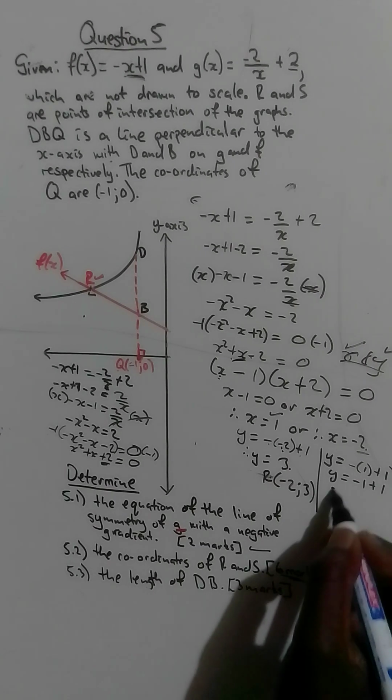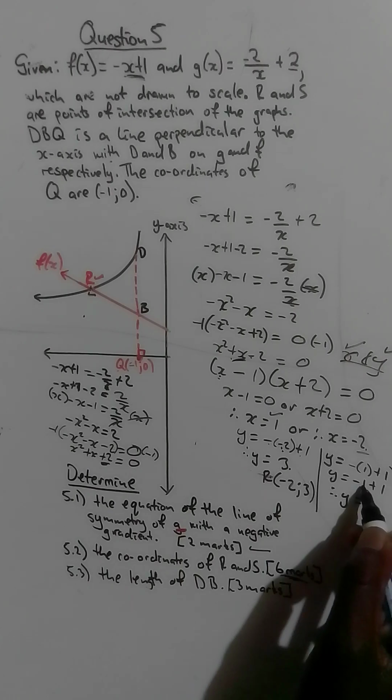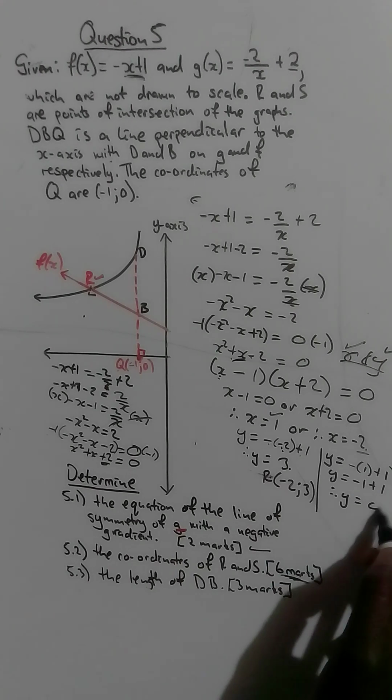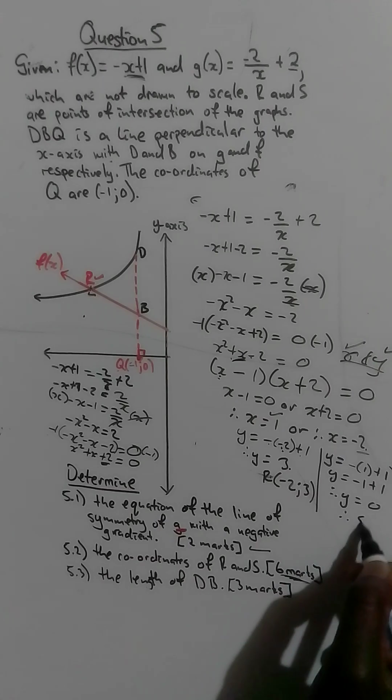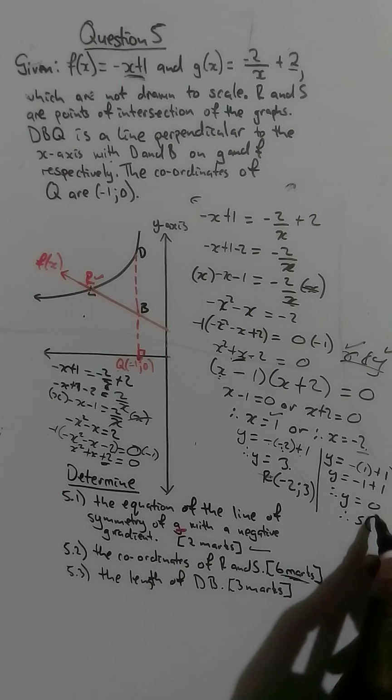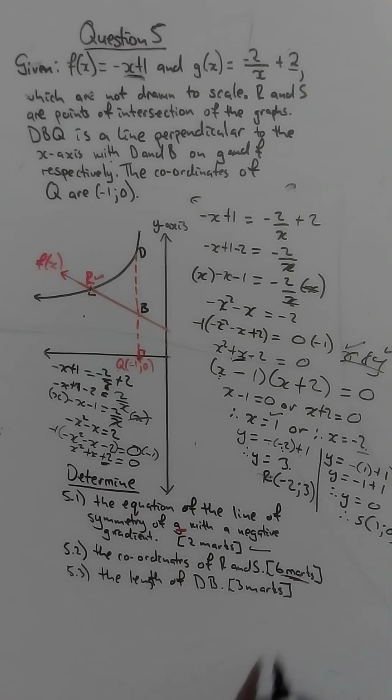Therefore my y is equal to negative 1 plus 1, that's 0. Therefore my s is when my x was 1, my y was 0. If you remember where s was, it was an x-intercept. So I have found my answers and I get my 6 marks, right?